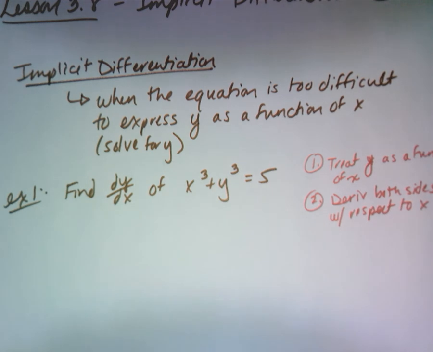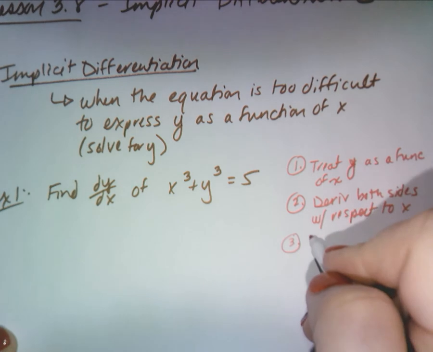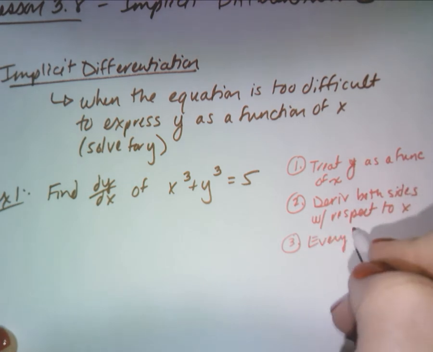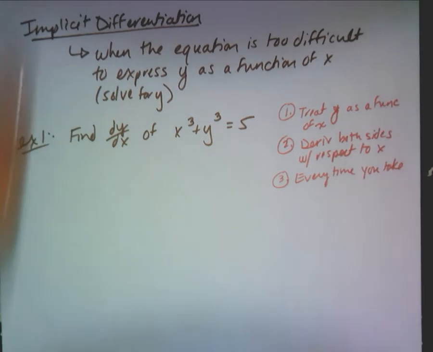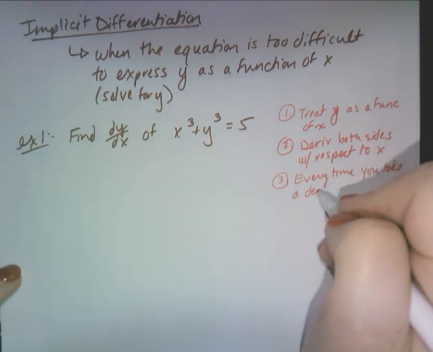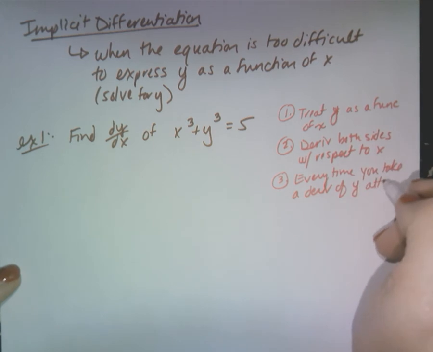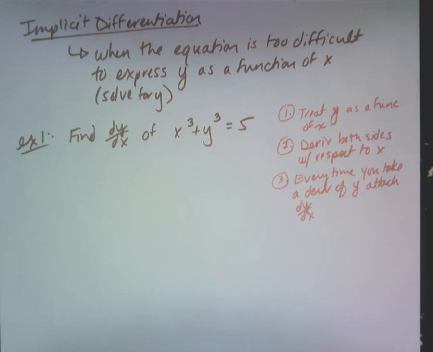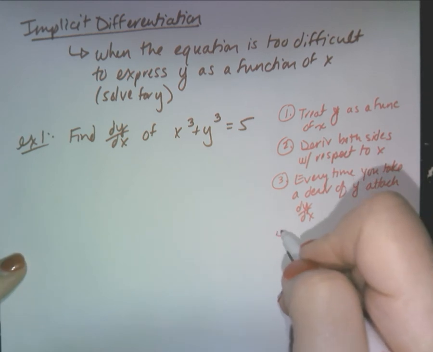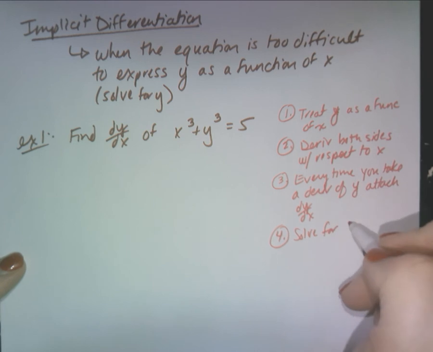Okay. Then the third thing you're going to do is every time you take a derivative of y, you need to attach dy dx. And I'll explain this as we go. I just want you to write this down. And then the fourth thing you do is solve for dy dx.